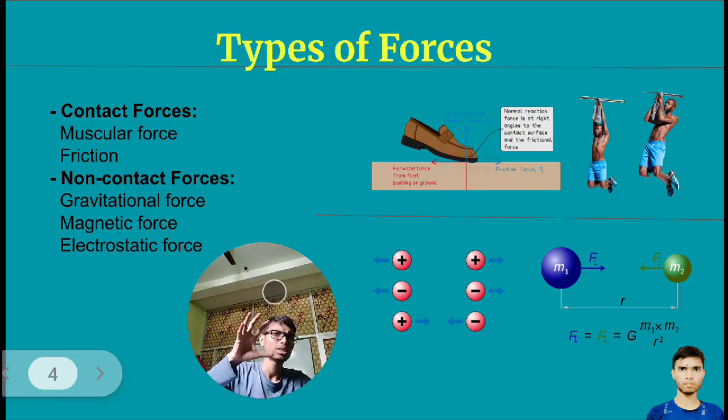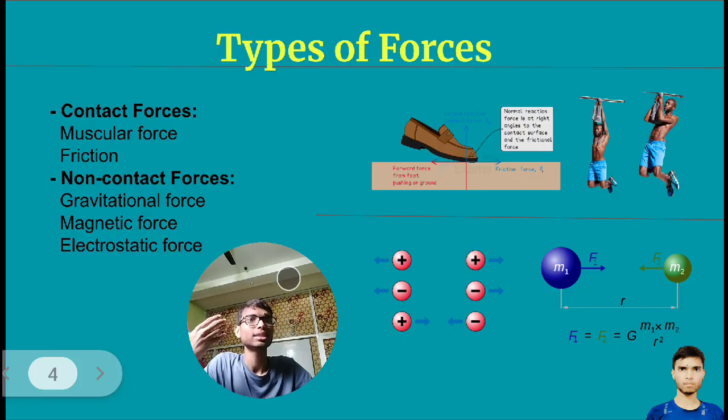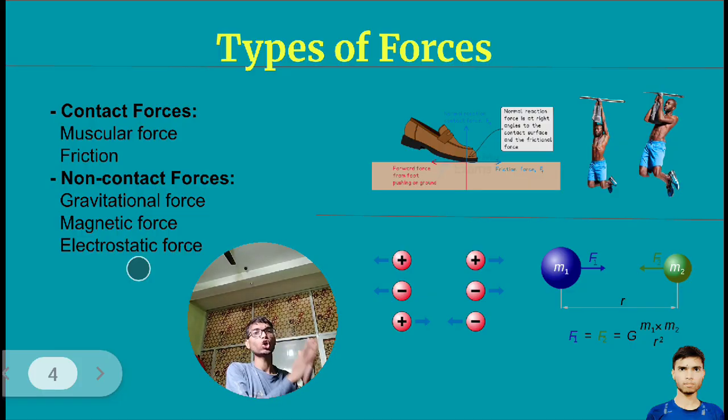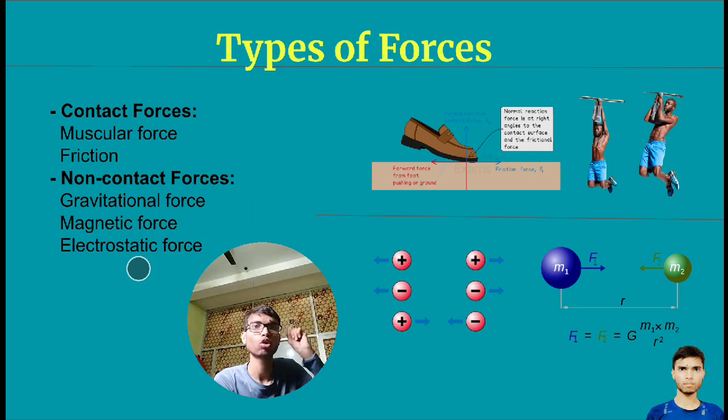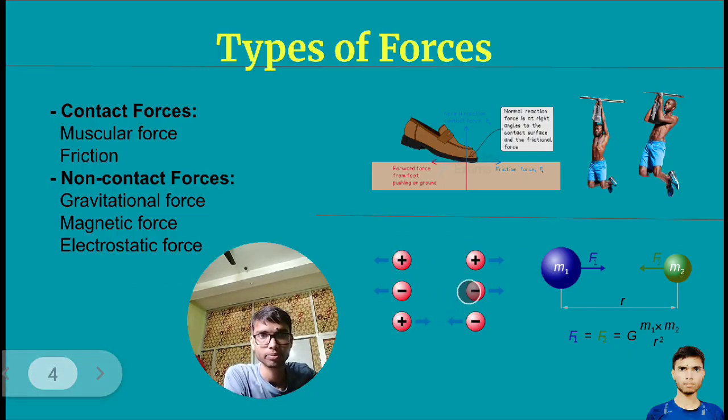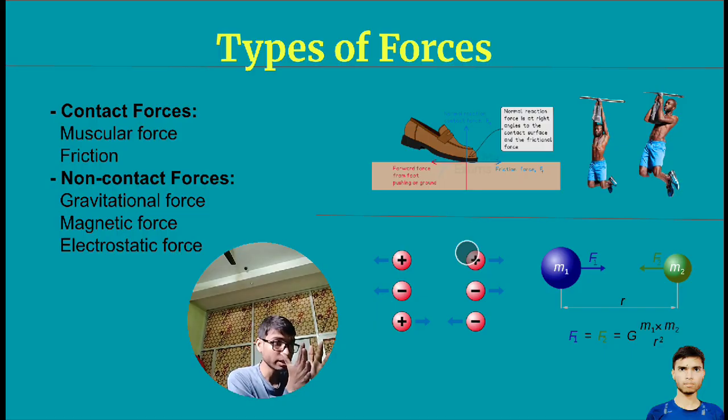Now let's take more knowledge about electrostatic force. Here we have static, which means electric charges are at rest. This is the meaning of static. But remember, if both signs are the same, then both will not be together.